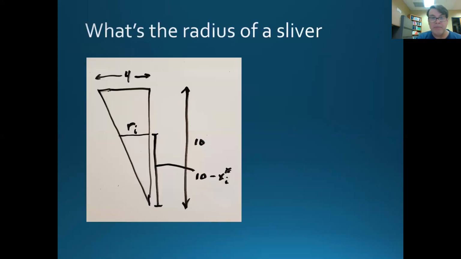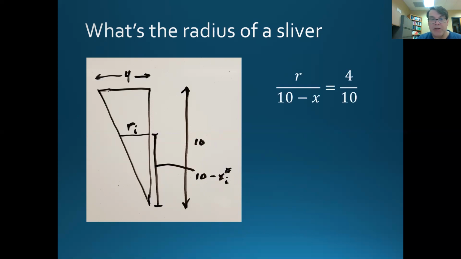Since Stewart is very clever, he's going to find what r is by proportionality. We know that the cone as a whole is 10 meters tall, and the radius is 4 meters across. So for this little sliver, the height at any point is going to be 10 minus whatever point of x we're at, and the r is going to be whatever r we're at. xi and ri basically mean x wherever we're at and r wherever we're at.